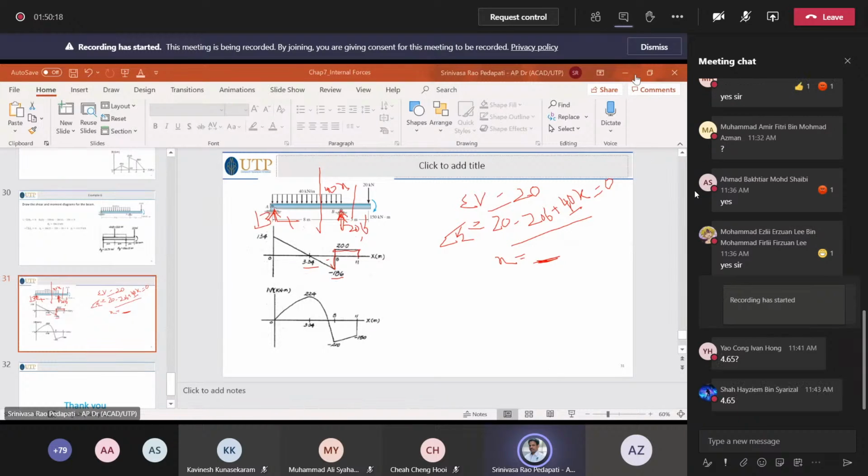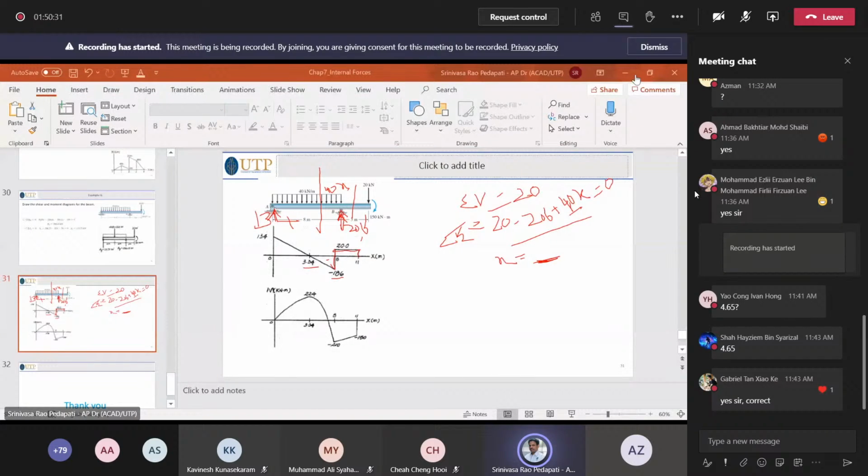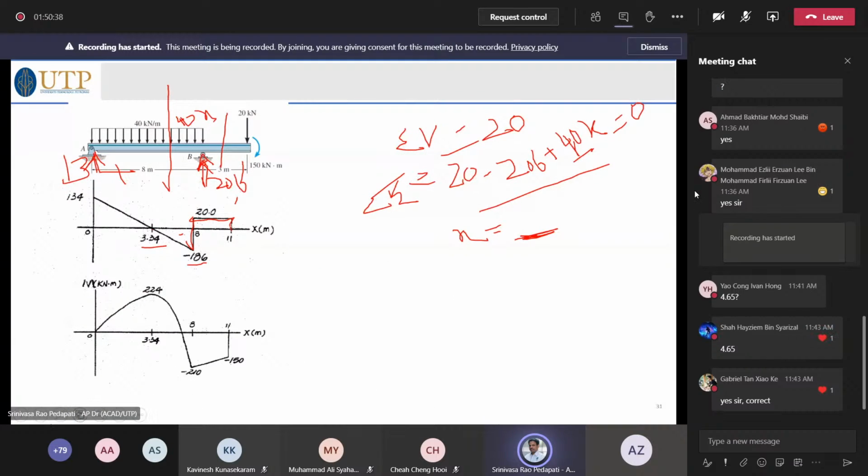Yes, 4.65 from B, because in the figure, if you see, it is showing 3.34. 3.34 is also correct, but from the other end. So what is shown here is that you got x equal to 4.65 or 66, whatever it is.